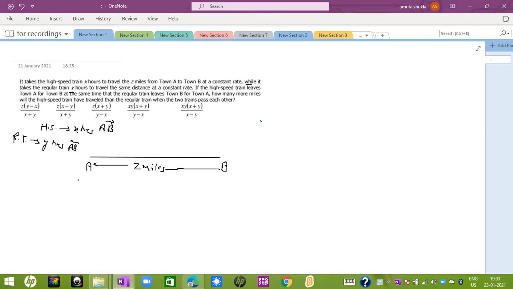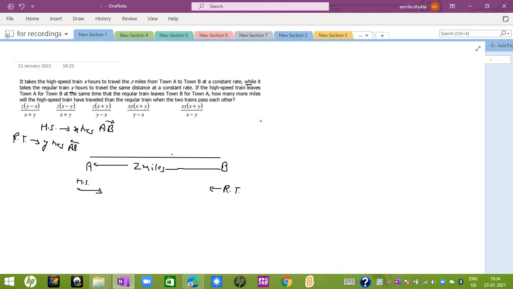The high-speed train is going from town A to town B, and this regular train is going from town B to town A. Both of them are starting at the exact same time.